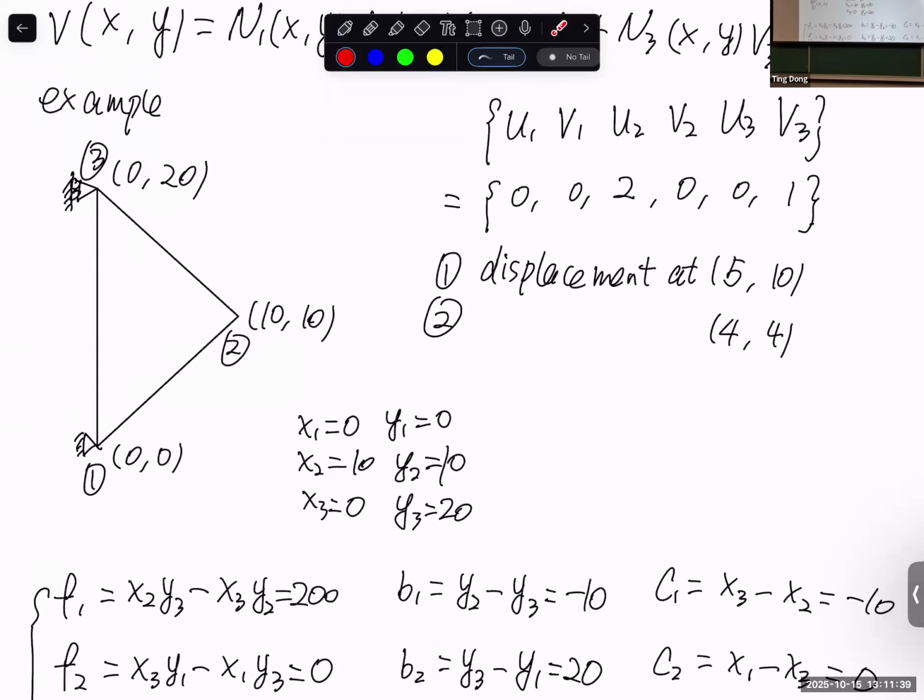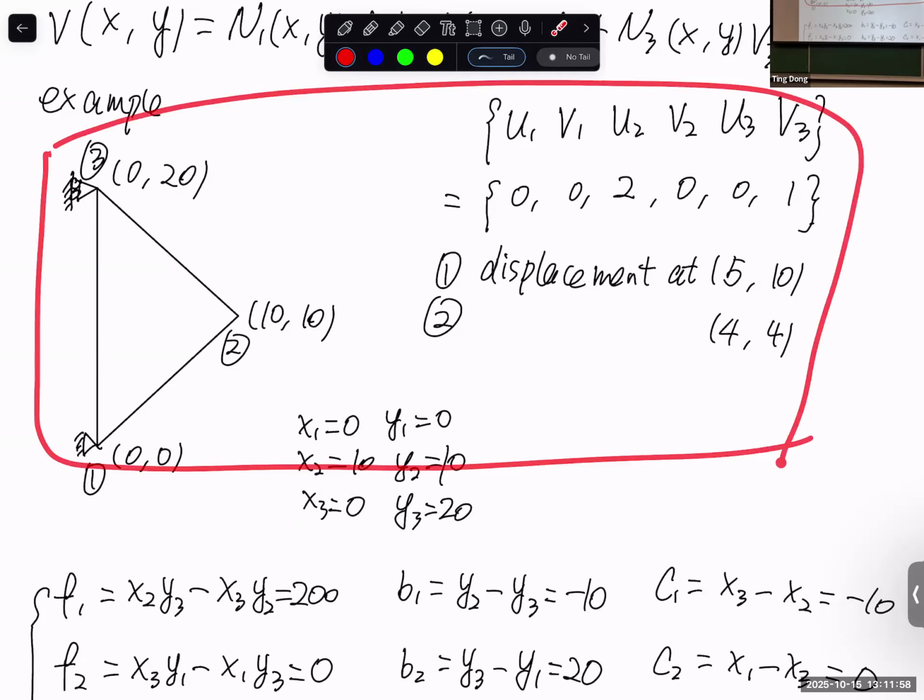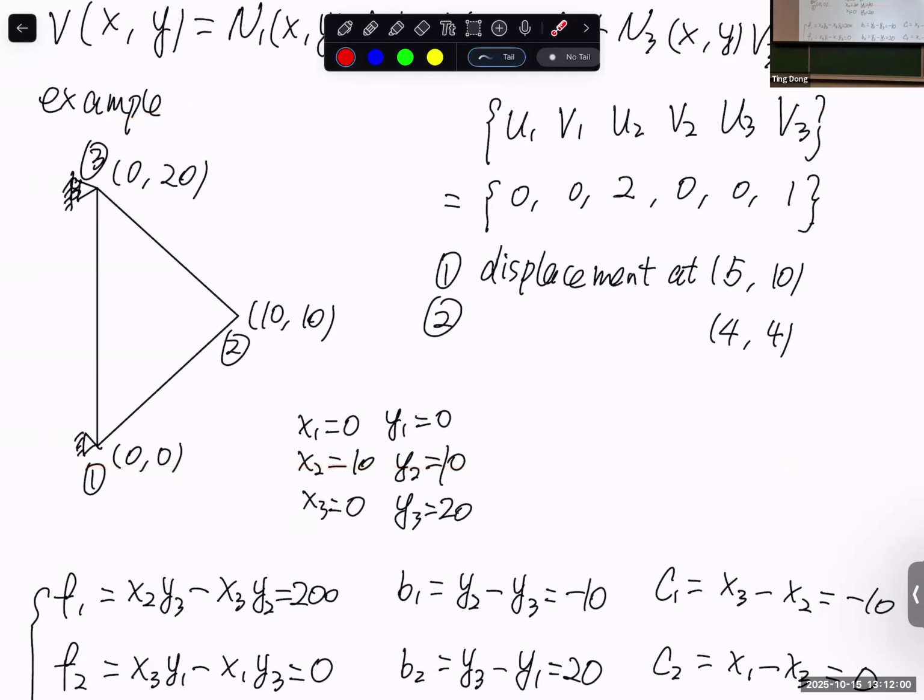We talked about two different methods: a standard method for calculating the displacement at any point, and a simplified method if the point is on the edge. But those were all about the displacement. Now it's the same problem, but calculate strain and stress. Of course, you calculate strain first and then calculate stress.